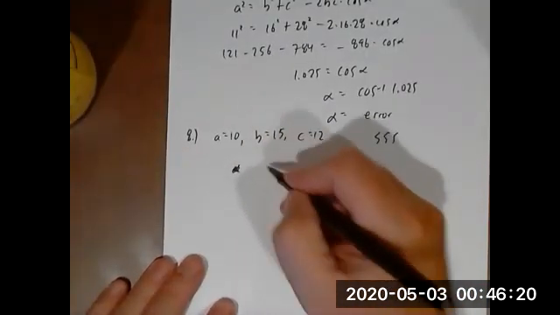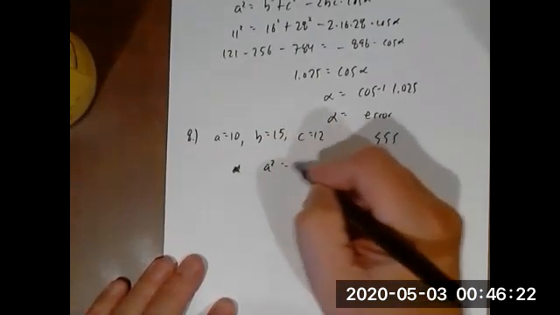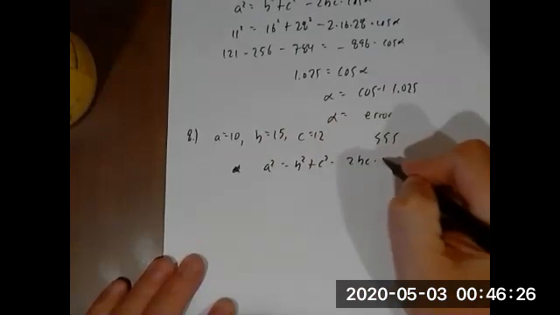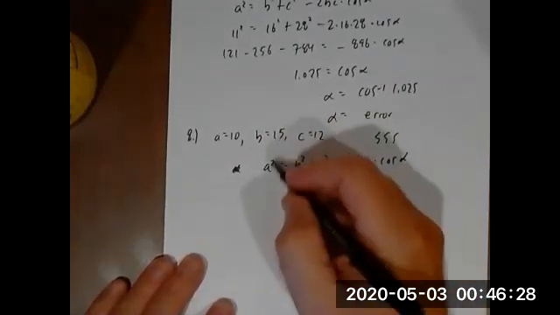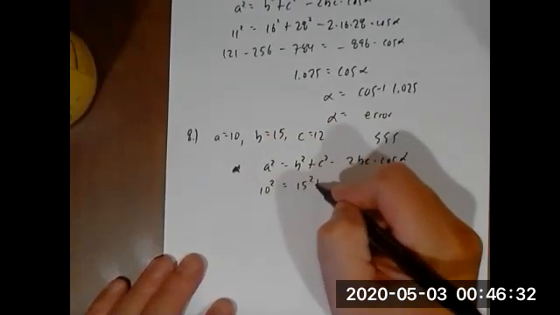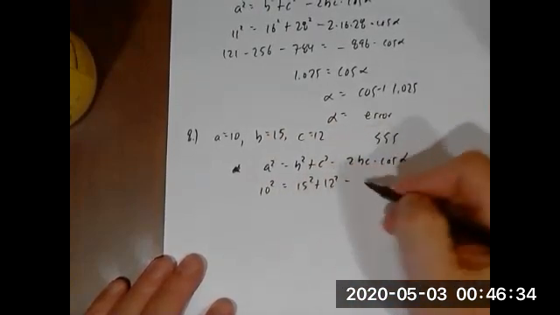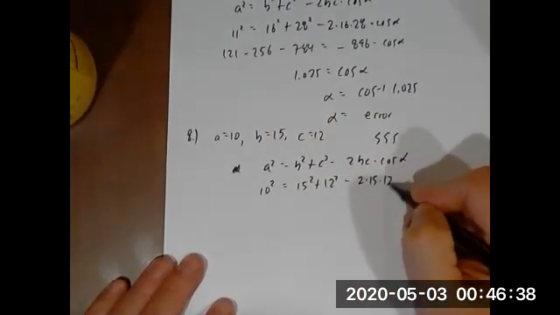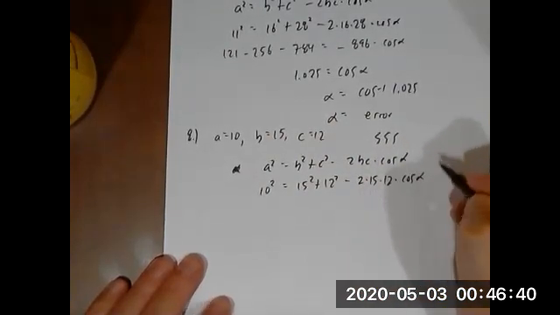We'll do alpha first, so it's a squared equals b squared plus c squared minus 2bc times cosine of alpha. 10 squared equals 15 squared plus 12 squared minus 2 times 15 times 12 times cosine of alpha.